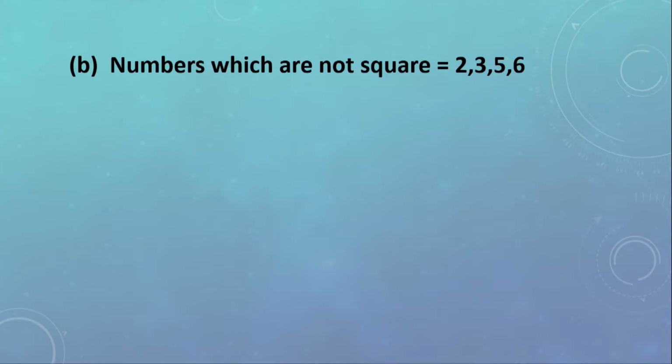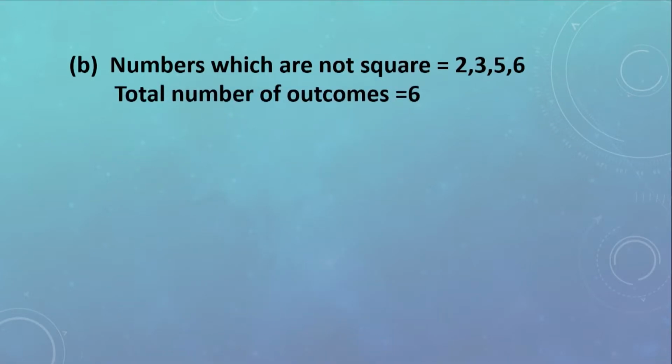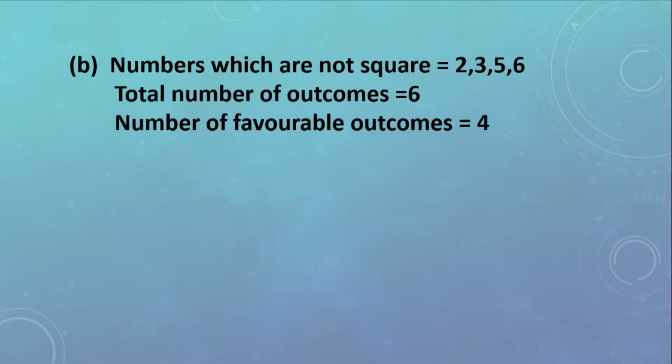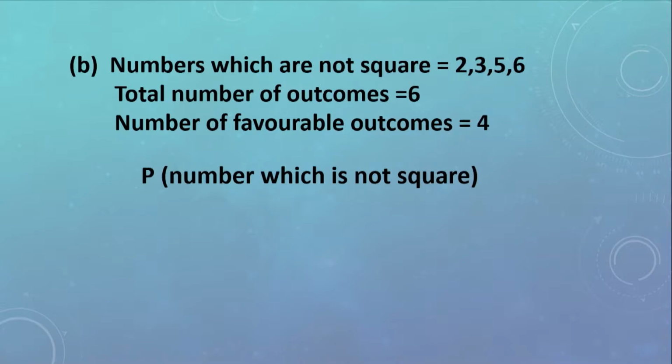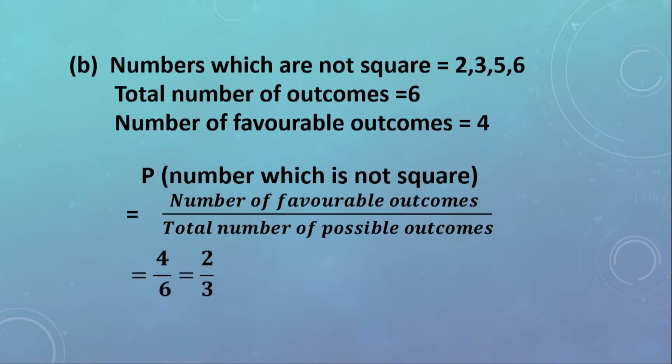From the sample space, numbers which are not square are 2, 3, 5, and 6. Using the total number of outcomes as 6 and the number of favorable outcomes as 4, the probability of getting a number which is not a square is 4 over 6, which is equal to 2 over 3.